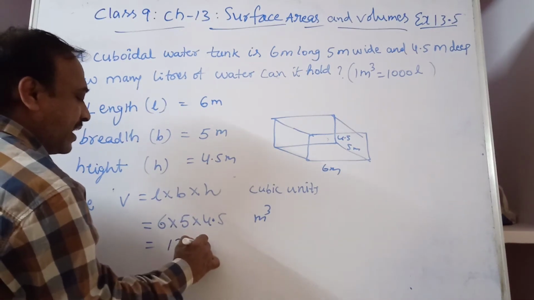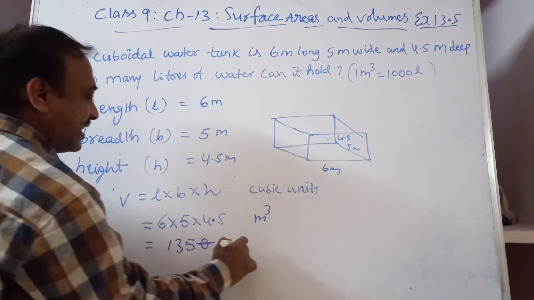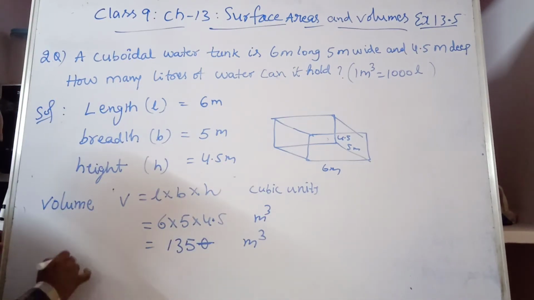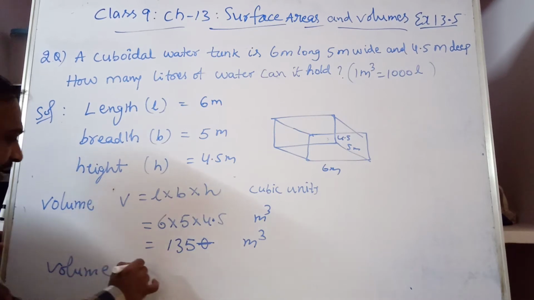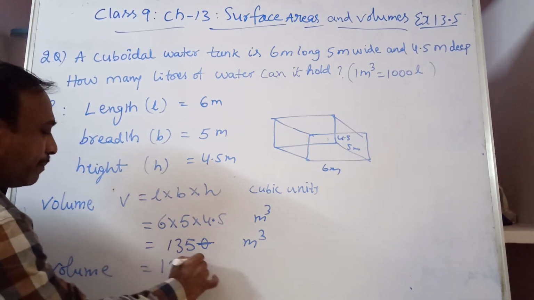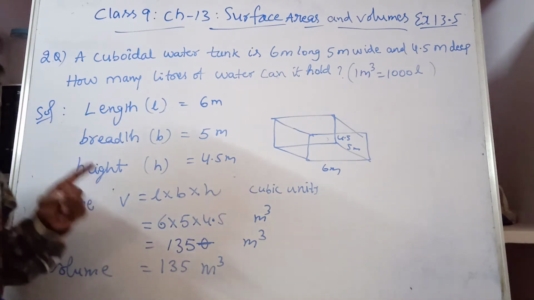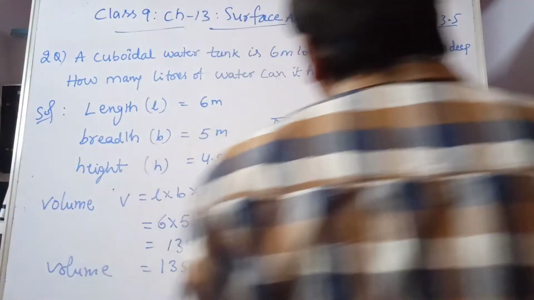And 0 is there, so we can cancel this 0. Meter cube. Therefore volume is equal to 135 meter cube.